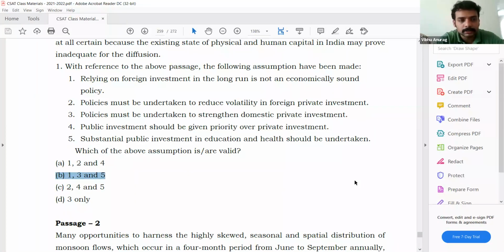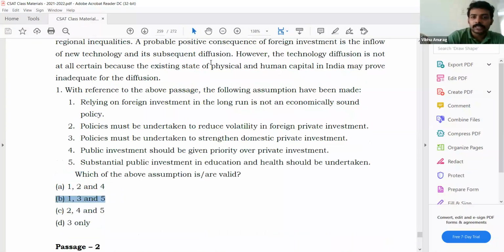Yes, please ask. They mentioned, in other words, physical and human capital, that's education and health. That's a synonym. So they'll do that in the exam, they'll use synonyms.